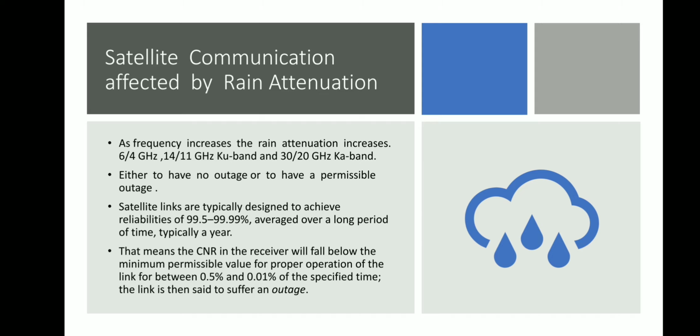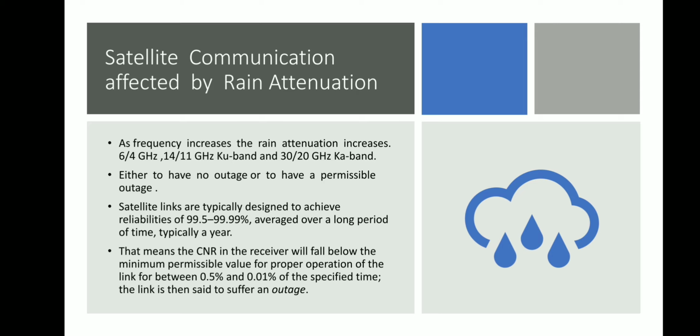In general, satellite links are typically designed to achieve reliabilities of 99.5 to 99.99%, averaged over a long period of time, typically years. As I said, most of the time this tolerance is averaged over a long period, like in a year.